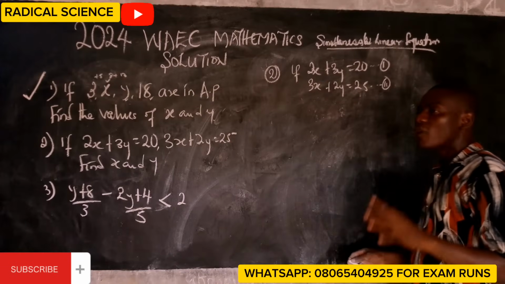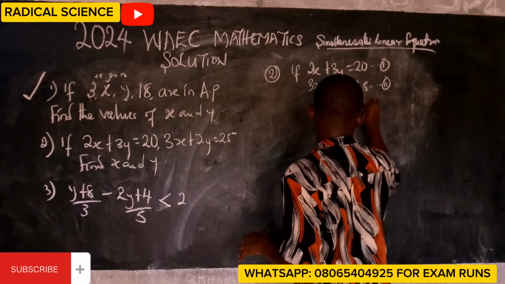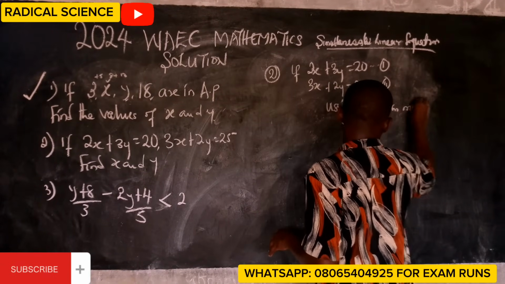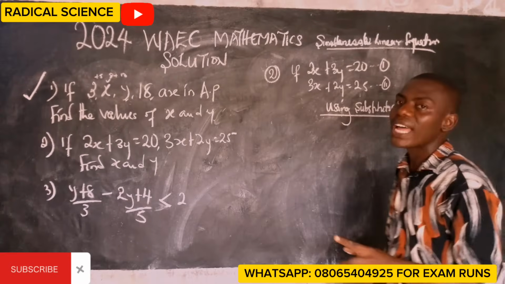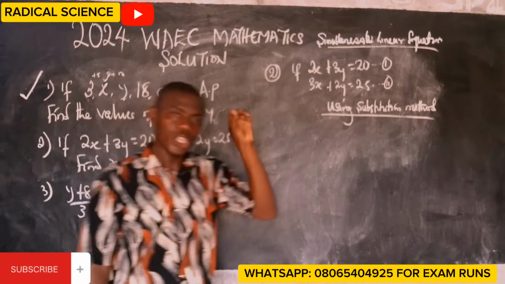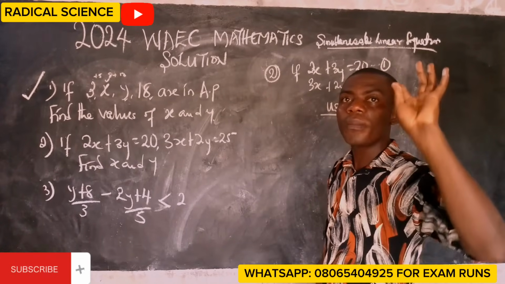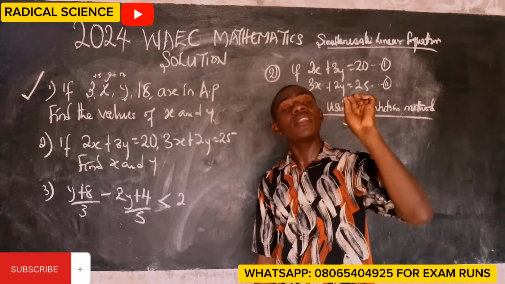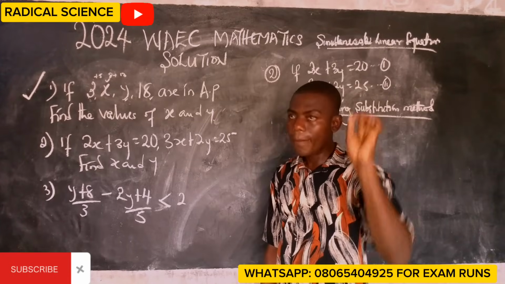Now, in using substitution method, I would like you to note that we are going to form equation 3 from equation 1. Please, in order not to confuse yourself, form equation 3 from equation 1. It is compulsory for any person that is solving with substitution method.